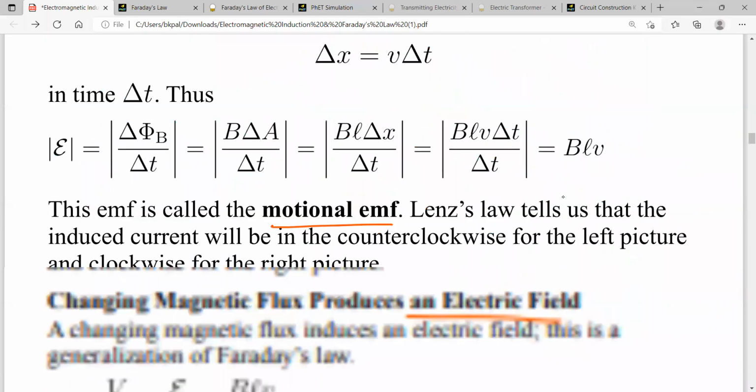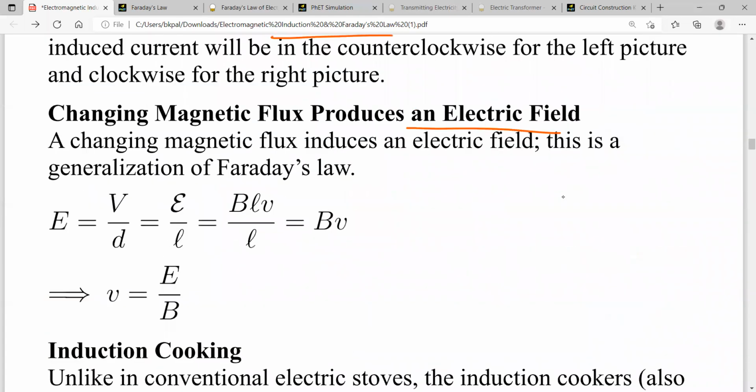So what then is the electric field? We can determine the electric field from this equation, V equal to Ed. So E is V over d, and V here is the induced EMF, and d here is L. And the induced EMF we already determined is equal to BLv.